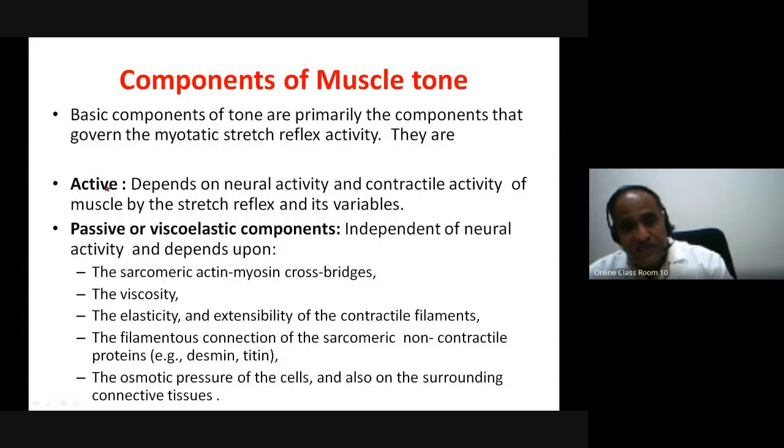The active resistance is the one the muscle offers because of the neural activity. If you cut the nerve supply, the alpha motor neuron supplying the muscle, the muscle becomes flaccid. The neural activity that governs the contractile activity of the muscle and the various variables that regulate this stretch reflex are the active components.